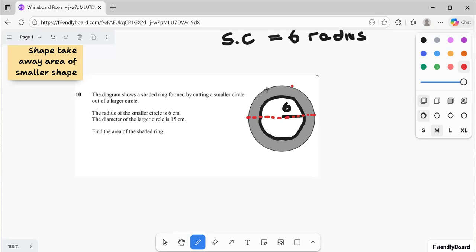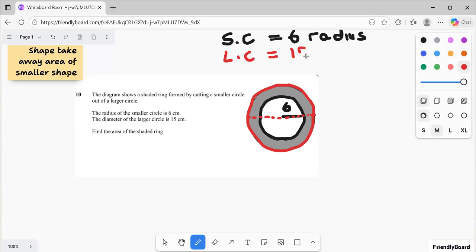That's the larger circle, and its diameter they say is 15. So I'm going to say larger circle, LC, is equal to 15 centimeters.